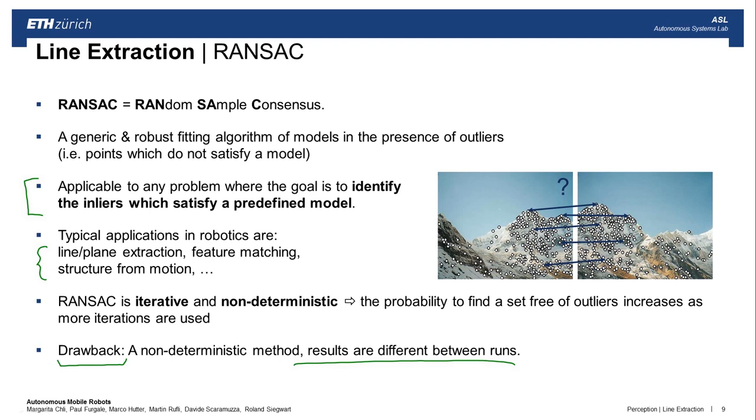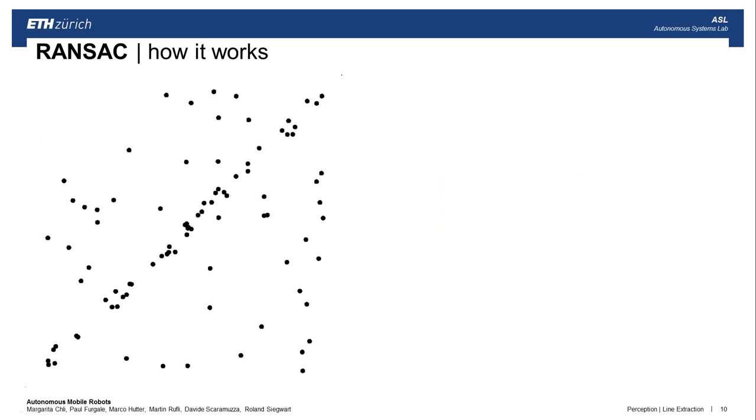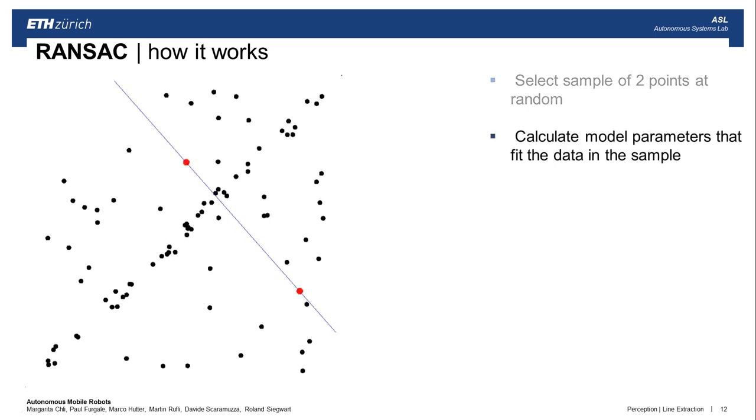So let's see how RANSAC works. Consider this problem where we have this point cloud and we are looking to fit a line through all of these points. How do we do it? RANSAC selects a sample of 2 points at random and then calculates the model parameters that fit the data in the sample.